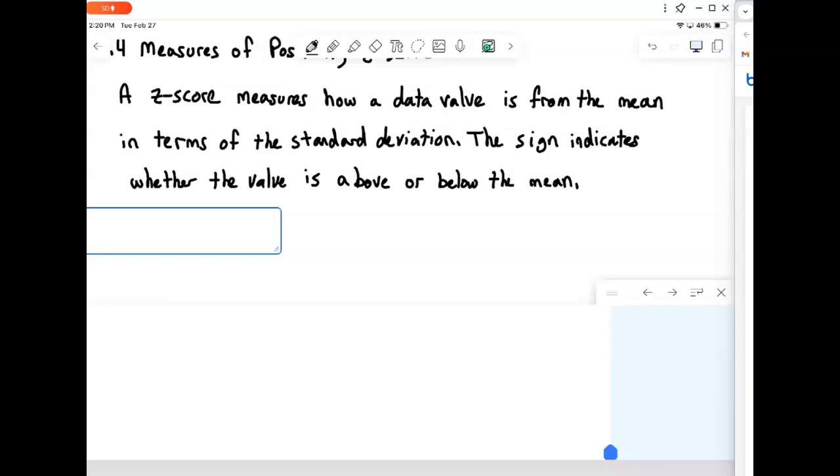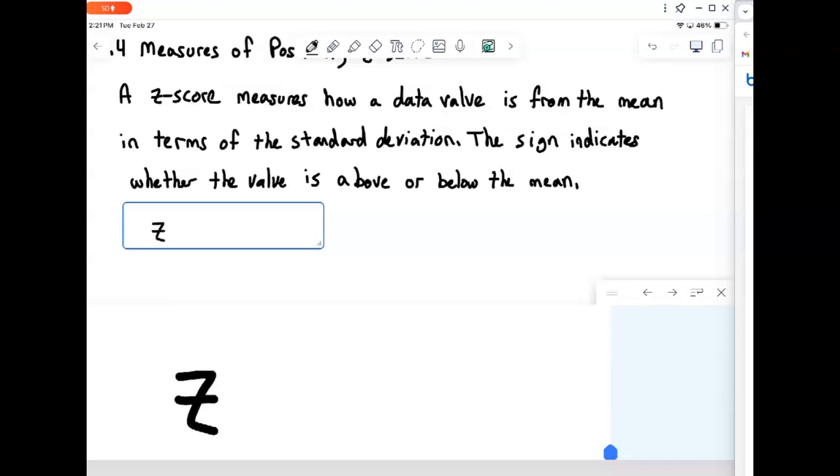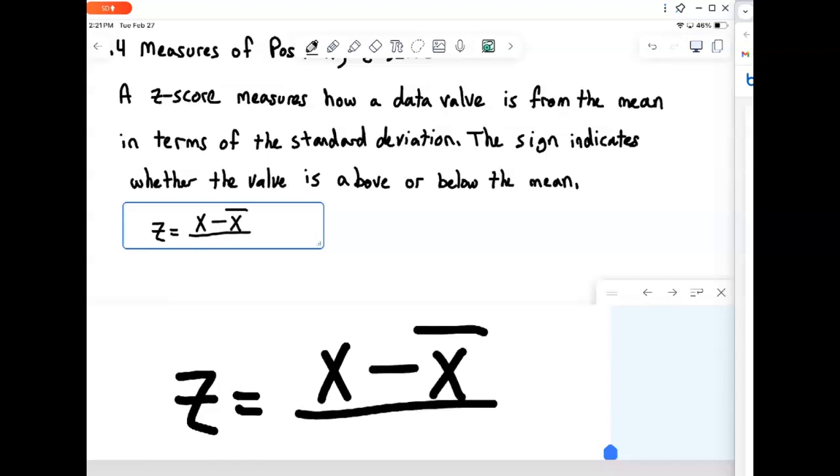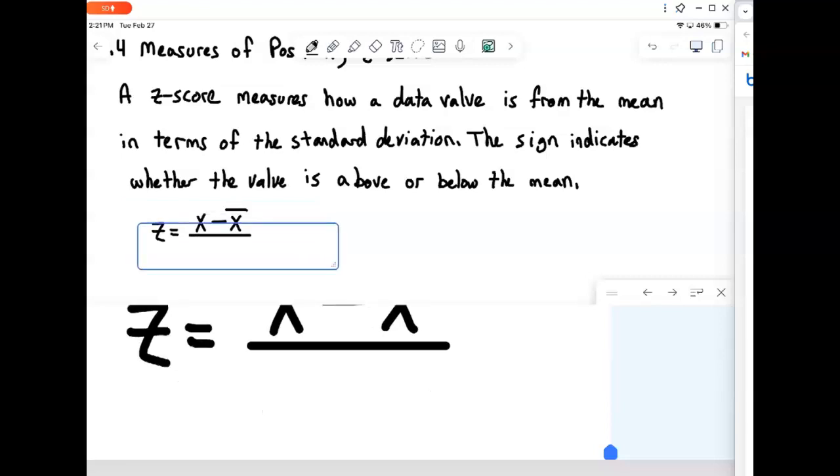So there's two formulas that you'll see mentioned for z-score. I tend to stick with the first one myself when I'm writing out things in the notes, just because it uses symbols that you're more familiar with. And the formula is simply z equals your data value minus your mean, divided by the standard deviation.